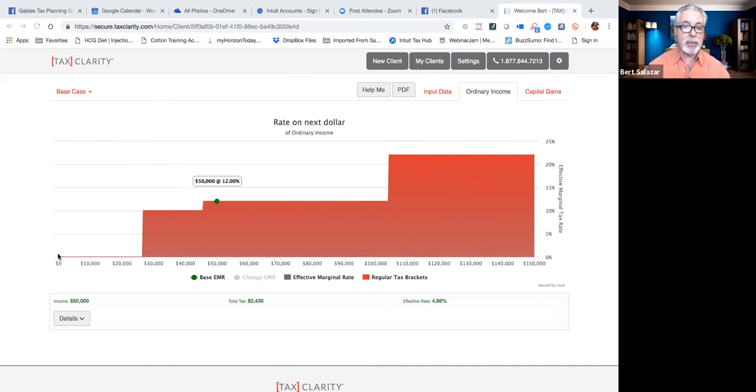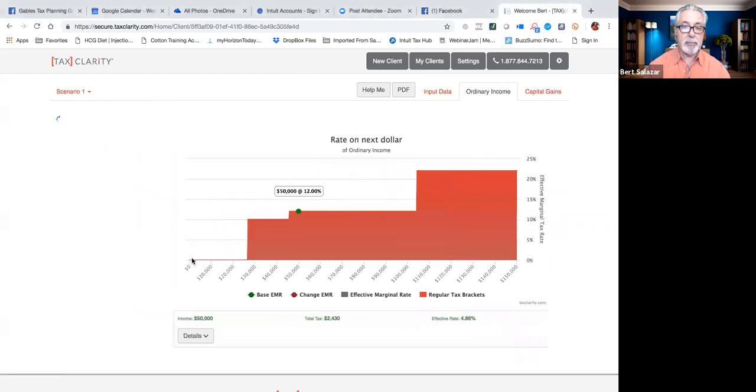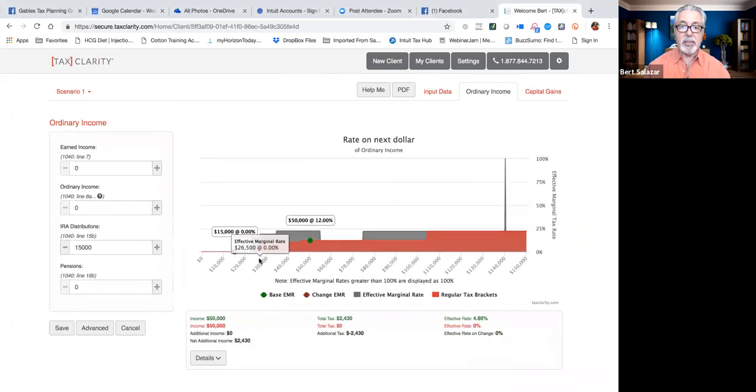Now, notice that between 0 and approximately $26,500, there's no tax liability whatsoever. That is the increase we now have in the standard deduction. If you're married filing jointly like these clients, your standard deduction for 2018 is $24,000, as opposed to $12,600 in 2017.